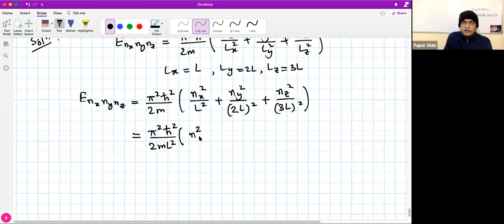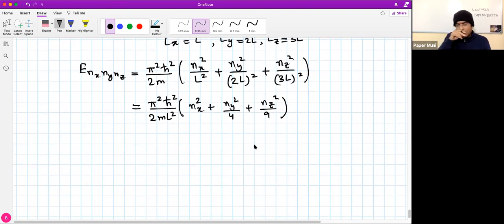So we have nx square plus ny square by 4 plus nz square by 9. Now it's not difficult to discuss if you observe it carefully. You can just keep on changing the values and you'll get the answer. But the better option is to take the LCM.